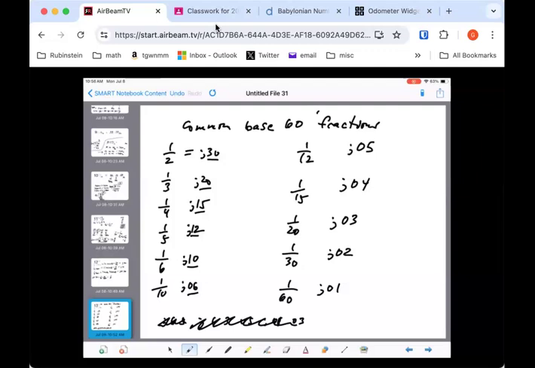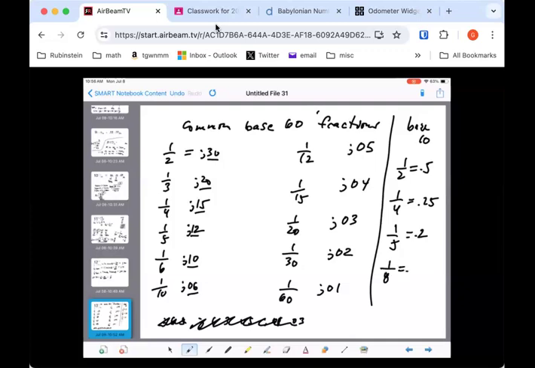What's kind of funny about this is that if you go to base 10 instead, 1/2 is 0.5, 1/4 is 0.25, 1/5 is 0.2, 1/8 is 0.125, and 1/10 is 0.1. 1/3 doesn't work out nicely in base 10 because you need a repeating decimal, 0.333. Same thing with 1/6.